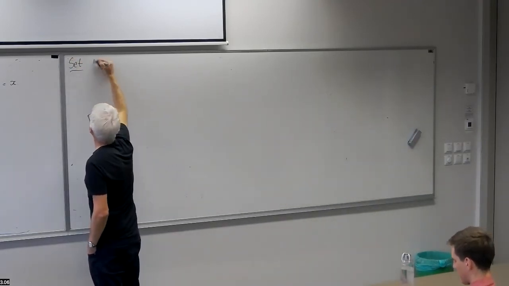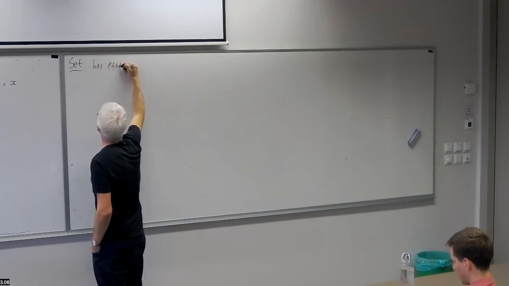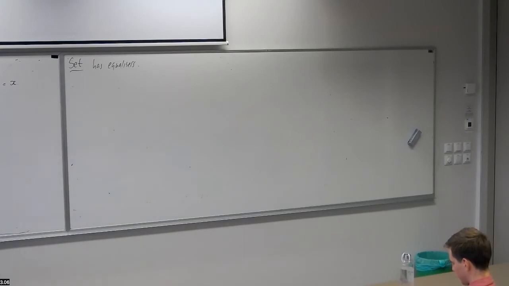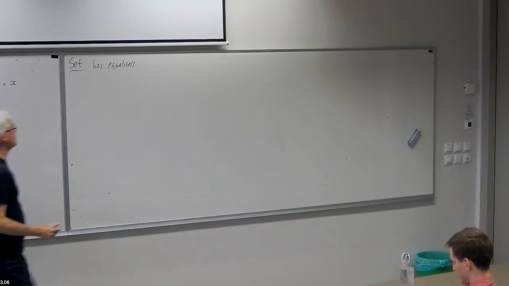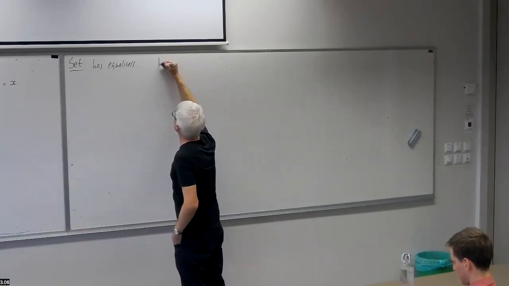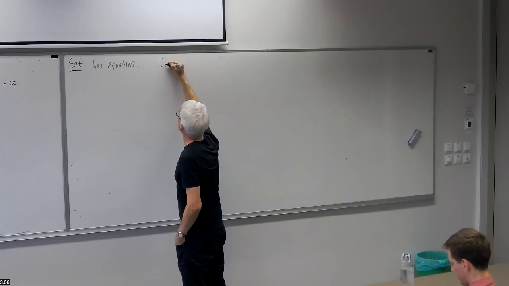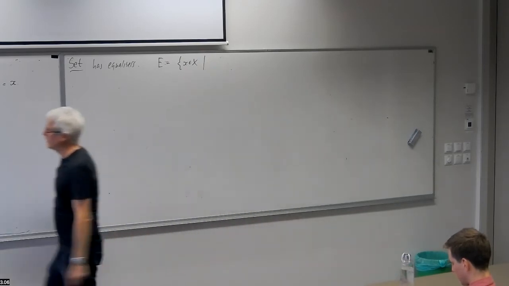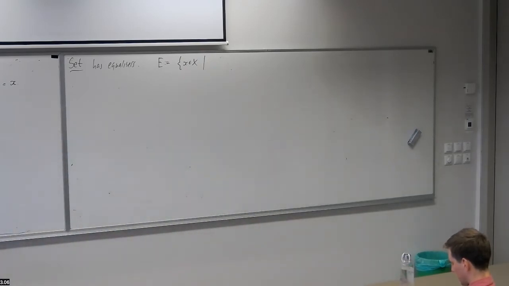So Set has equalizers. Given f and g, E is simply defined to be the subset of all those elements in X. Well, the point is we want to get a map into X that makes f and g equal when we compose here.